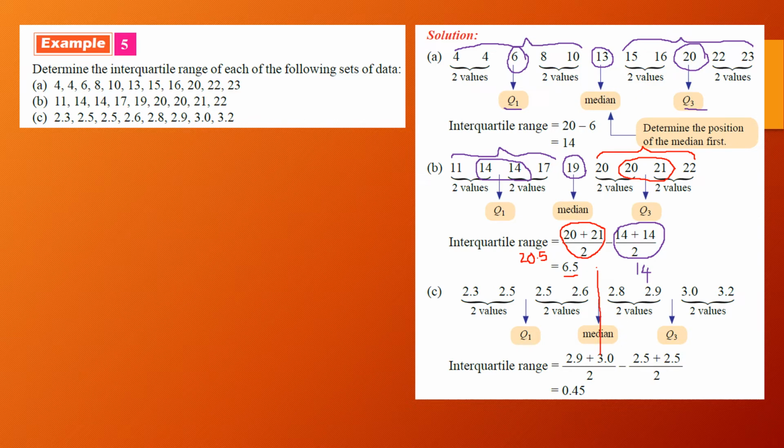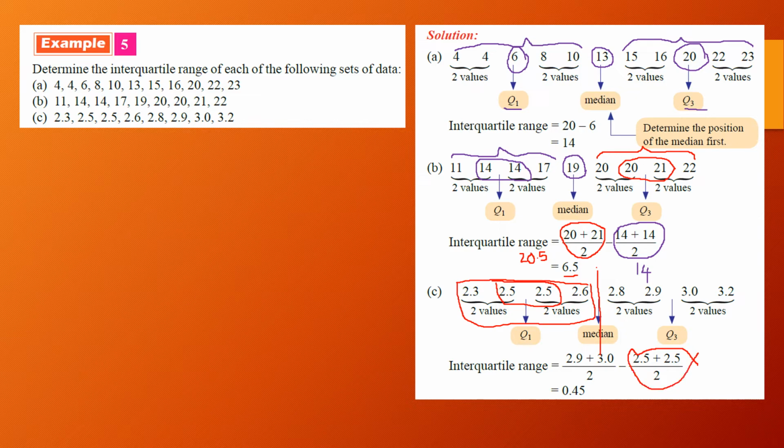That means the first part has 4 values and the second part has 4 values. This is the first part. From this first part, the middle, the center part, is 2.5 and 2.5. So your first quartile will be 2.5 plus 2.5 divided by 2.